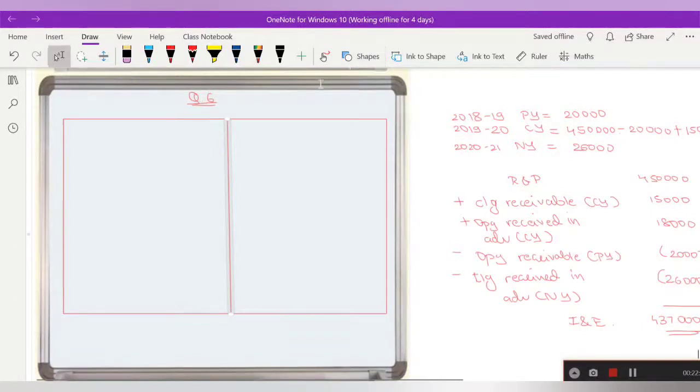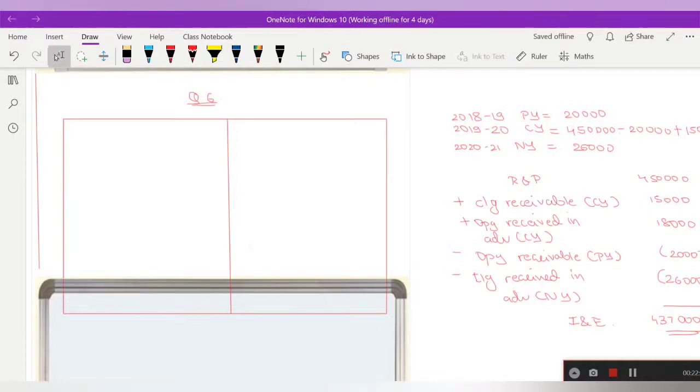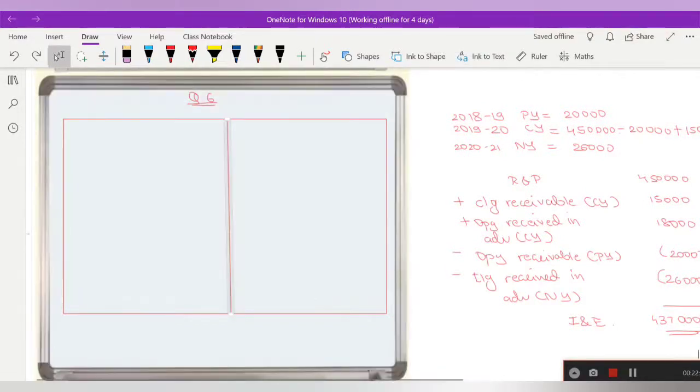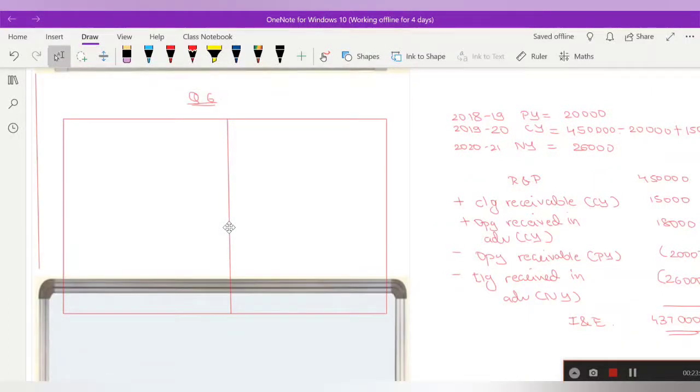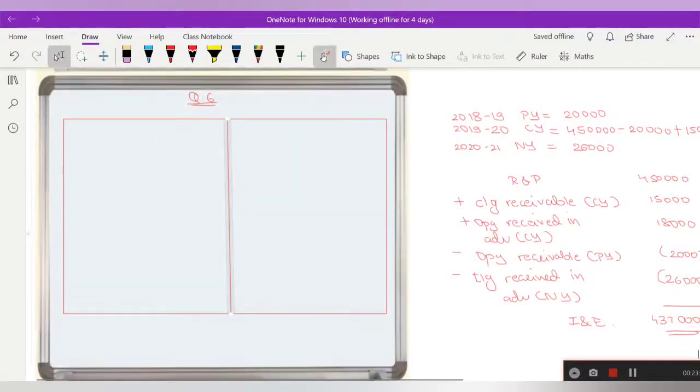See now, first we have to write the name of the NPO, right? In the books of, what is the name of the NPO? Jaipur Literary Society, right? Jaipur Literary Society.